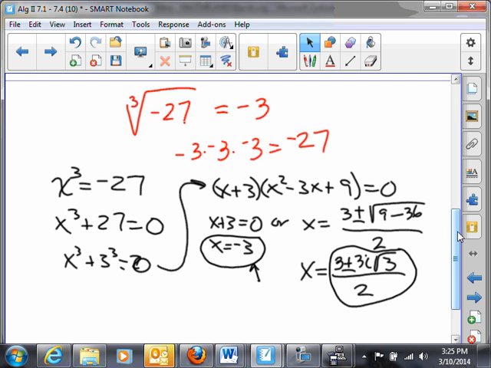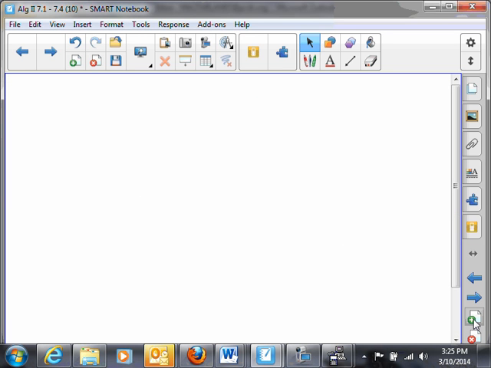Now, a couple of other things to take care of before we leave this particular concept video. Let's take a look at something like the 5th root of x to the 35th. What we want to know is what number can be used as a factor 5 times to get x to the 35th.